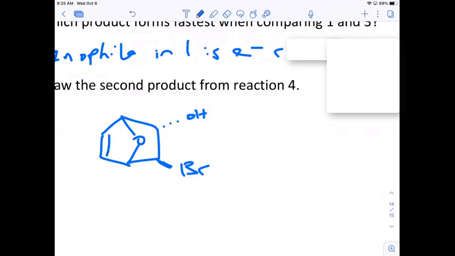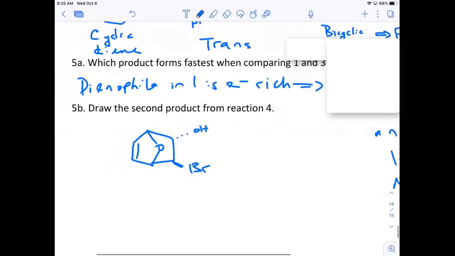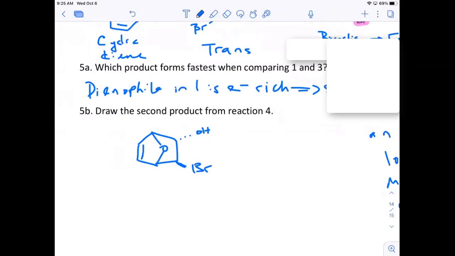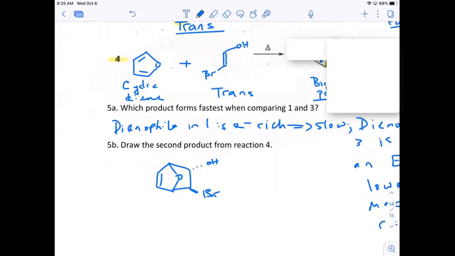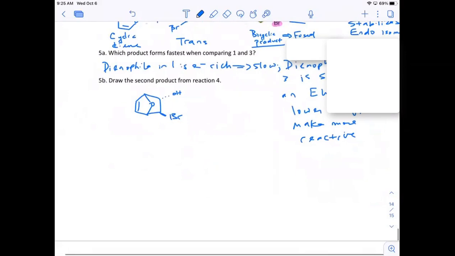Because again, there's no way to bias it to make one or the other unless you use a chiral catalyst or a chiral starting material, and neither one of those compounds is chiral.